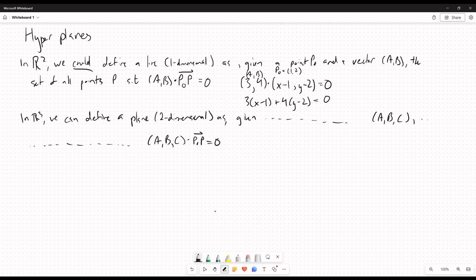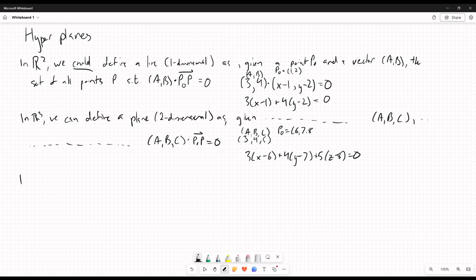And this is our equation for a plane, giving us something like, if 3, 4, 5 is our vector ABC, and we'll say 6, 7, 8 is P0, we'd get the plane 3 times x minus 6 plus 4 times y minus 7 plus 5 times z minus 8 equals 0.